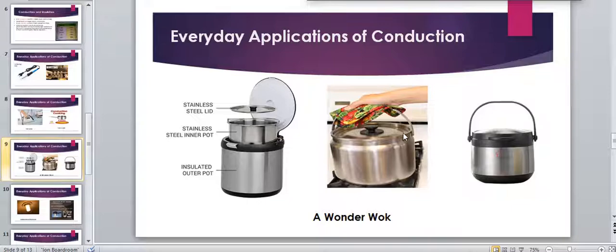So conduction also takes place in this van der Waals as well. As you can see in this diagram, this person is holding the inner pan of this van der Waals with the help of a cloth, which clearly shows the process of conduction has taken place.